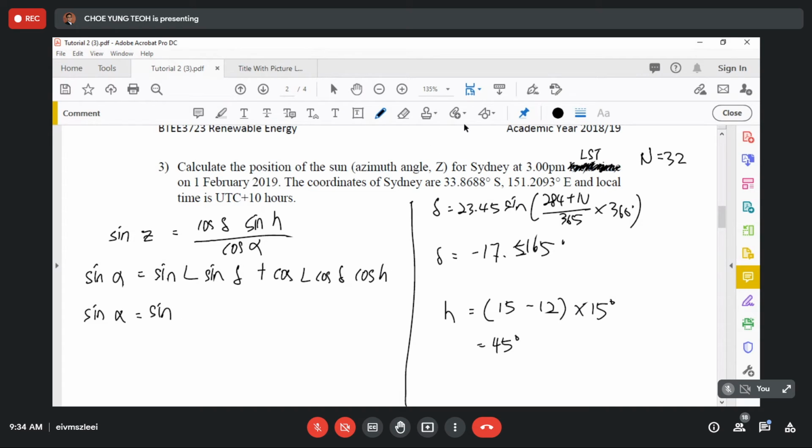Okay, this one you have to be very careful on the direction. You can see that latitude for Sydney is south. Okay, no longer north. So if you see south, it means that you have to use a negative angle. Negative 33.8688.